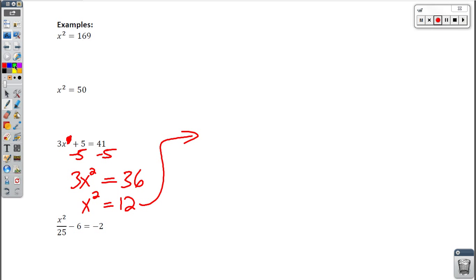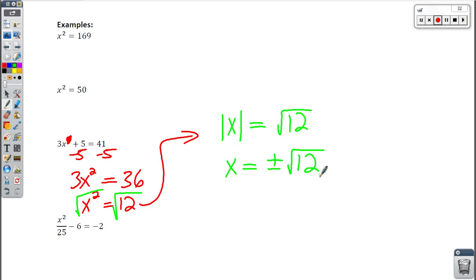And then we want to take the square root of both sides. On the left side, we get the absolute value of x equals, and then the square root of 12, but we want to reduce that. Actually, before we reduce that, let's just turn this into x equals plus or minus square root of 12.